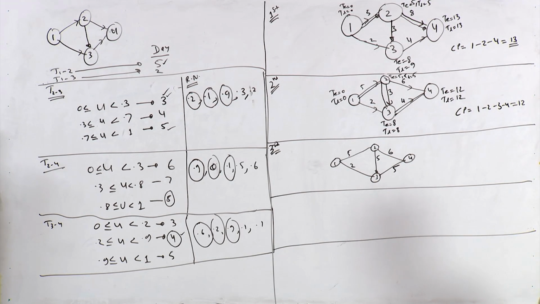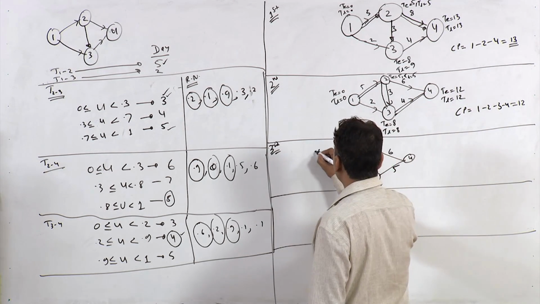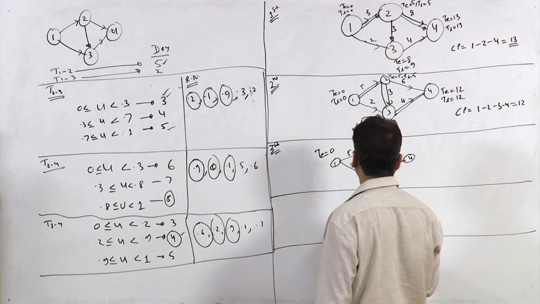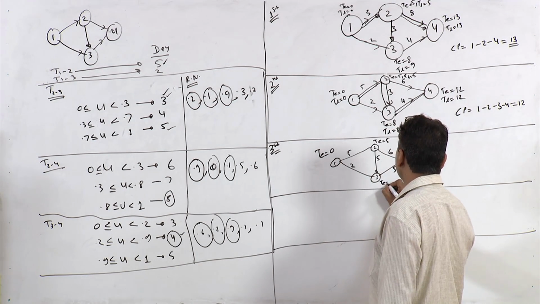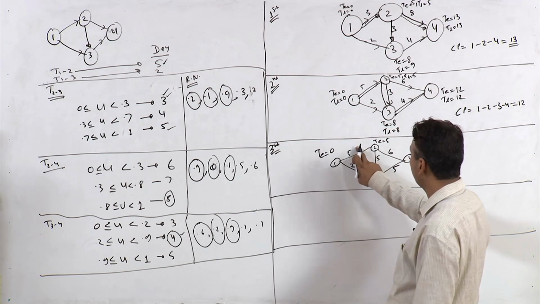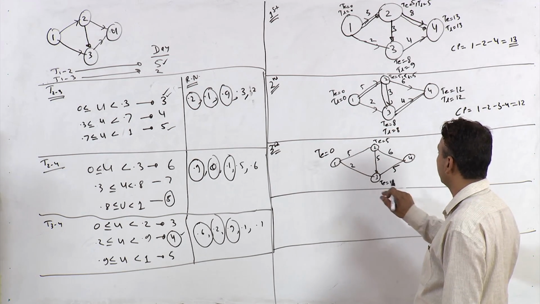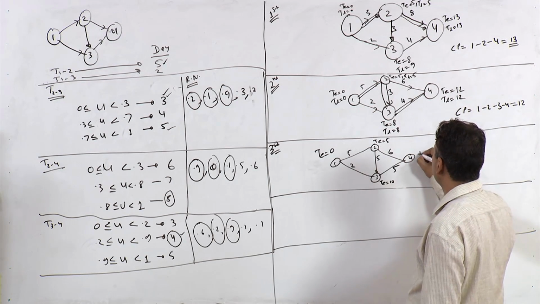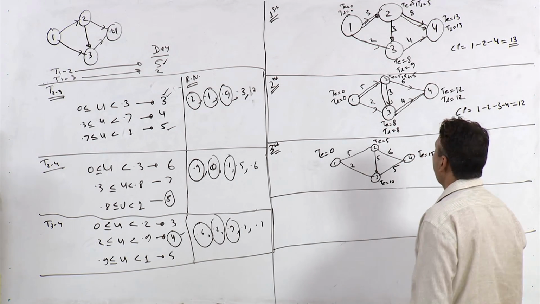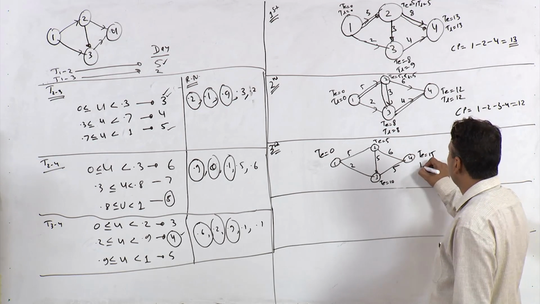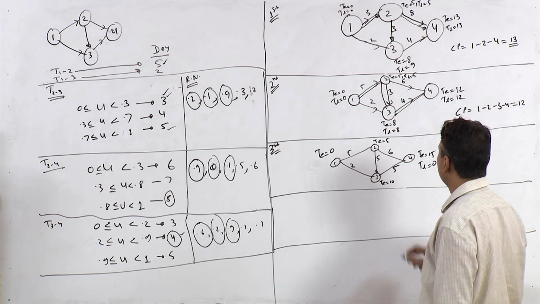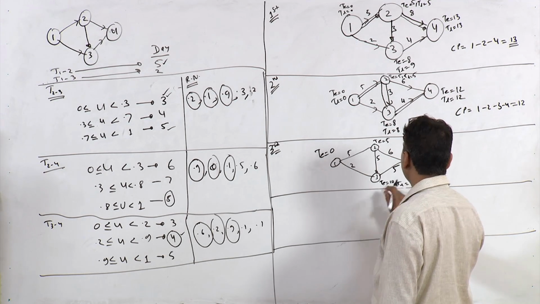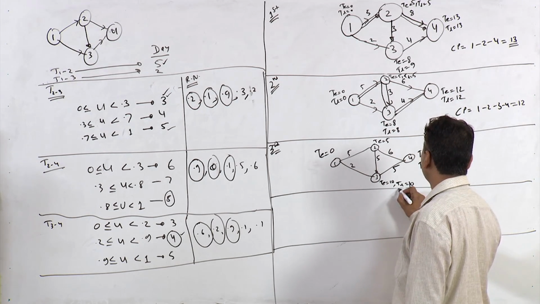Calculate TE and TL. So TE at this point is 0, TE here is 5, TE here is 10, right? 5 plus 5, 10, 10 plus 5, 15, yeah, so this T is 15 here, right? TL is 0, TL here is 10, right?